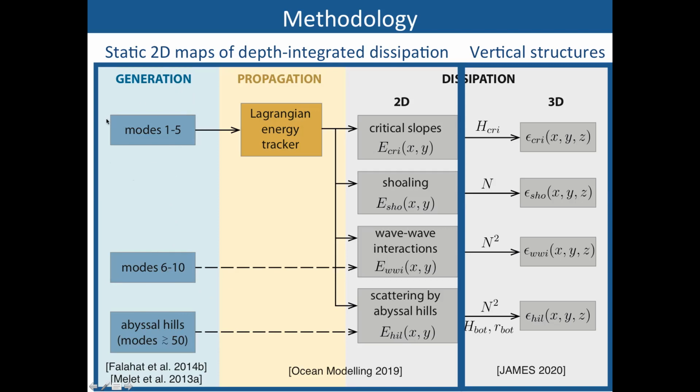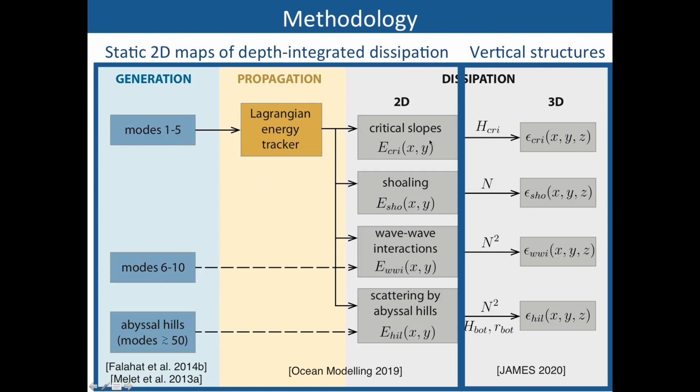But the first 5 modes do redistribute energy and cause some remote mixing. So we track their energy with a Lagrangian scheme. And using observation and theory, we estimate the dissipation due to critical topographic slopes, due to shoaling onto the continental shelves, due to wave-wave interactions, and due to scattering by abyssal hills.